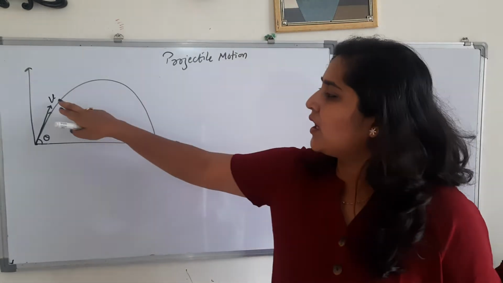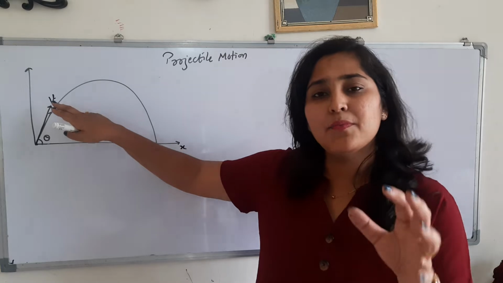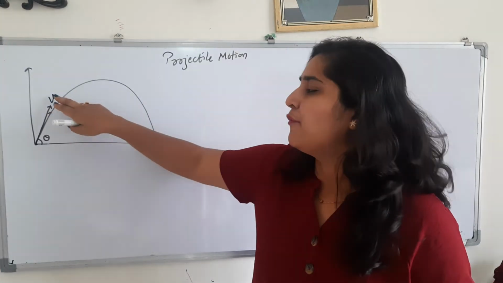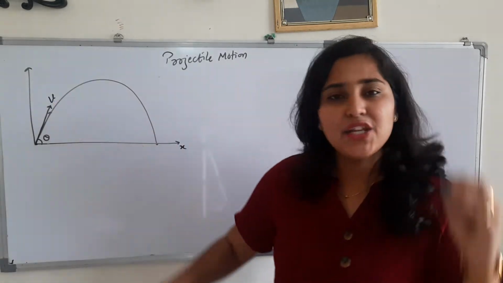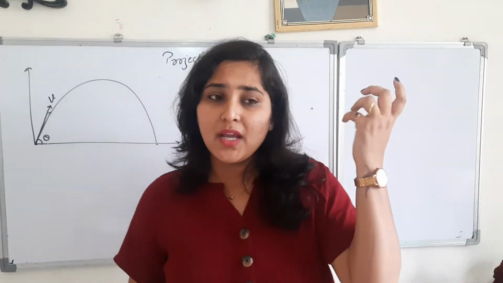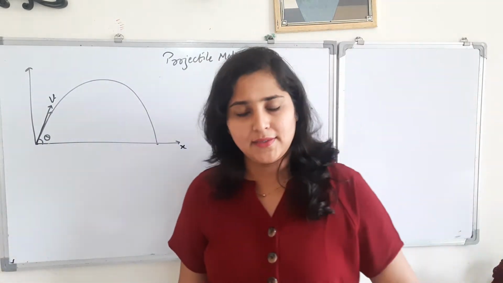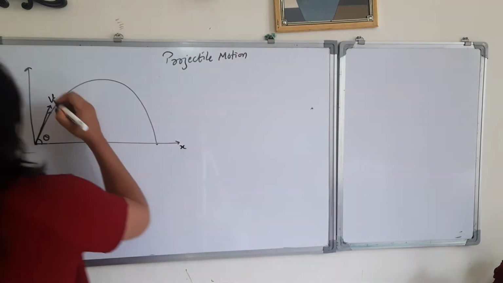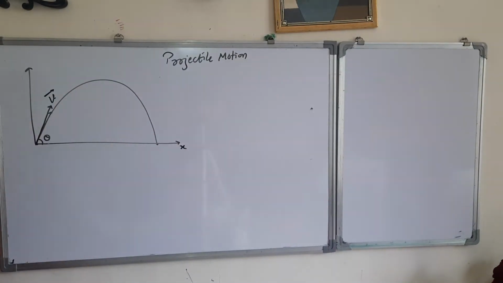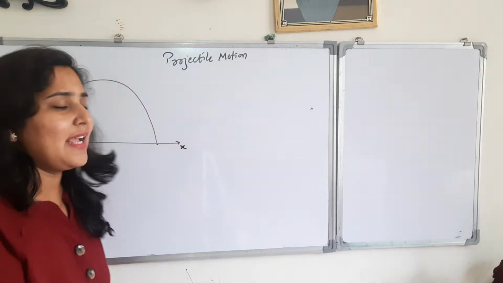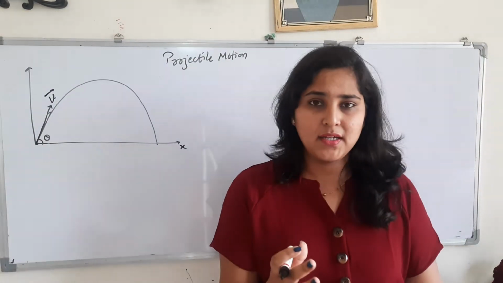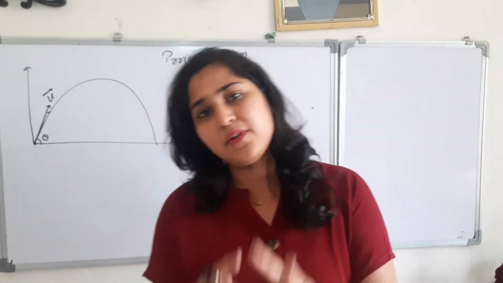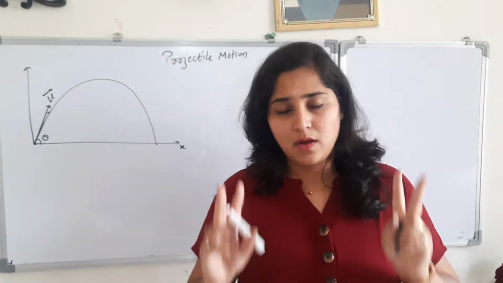So here you can see I'm showing one symbol for initial velocity, which is u, the same as in the kinematical equations. So what is this? Initial velocity. Whenever I'm talking about velocity, velocity is a vector quantity, so you have to show the direction. This must be the direction of throw or direction of the projectile with respect to theta. And as you have learned in scalars and vectors, a vector can be resolved into its two components.